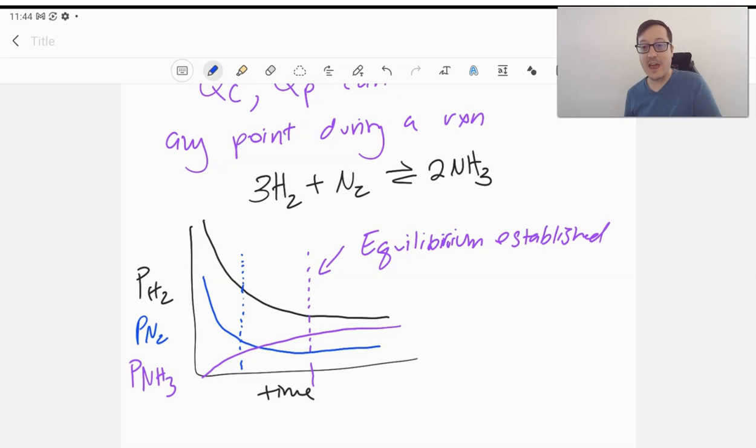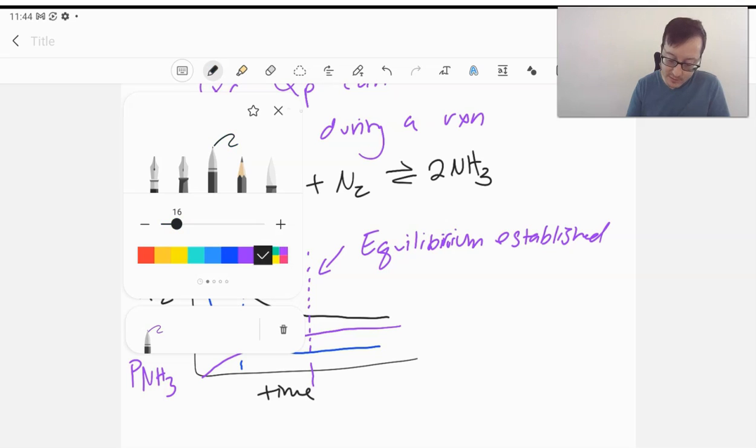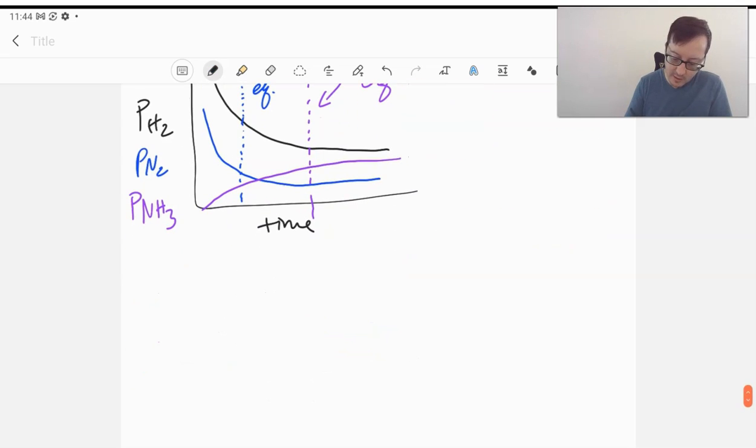Well, we can't use K because we're not at equilibrium yet. So we're going to use the reaction quotient, which is Q. And the reaction quotient is the same expression. So for our favorite reaction, we have our hydrogen and nitrogen.